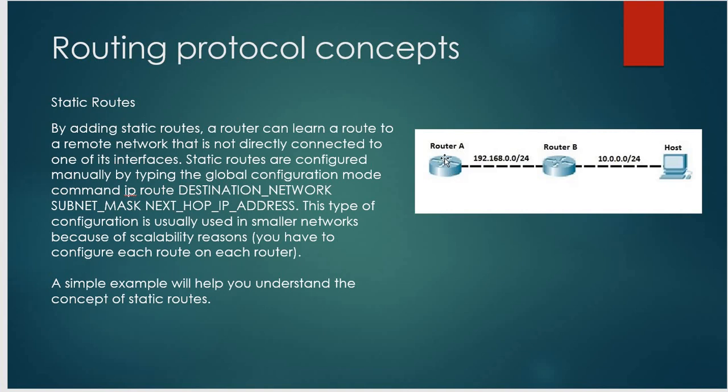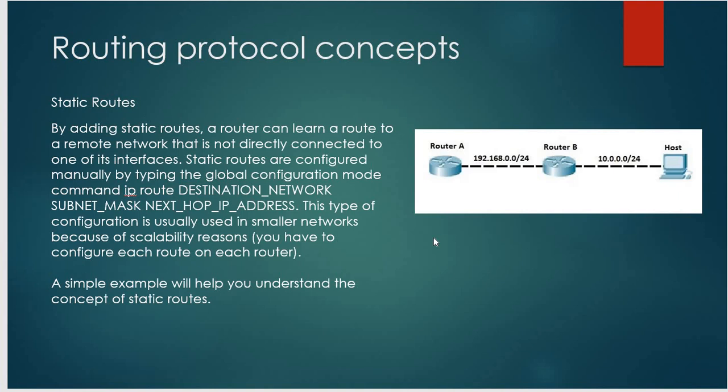So between router A and router B, the network is 192.168.0.0/24, and between router B and the host computer is the 10.0.0.0/8 network. By adding a static route, routers can learn routes to a remote network that is not directly connected to one of its interfaces.